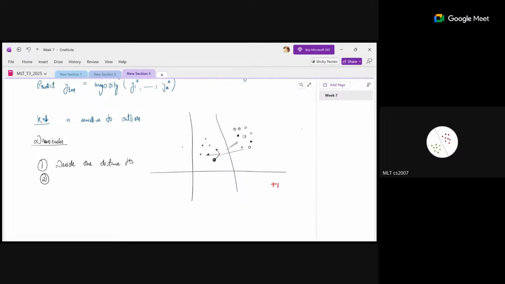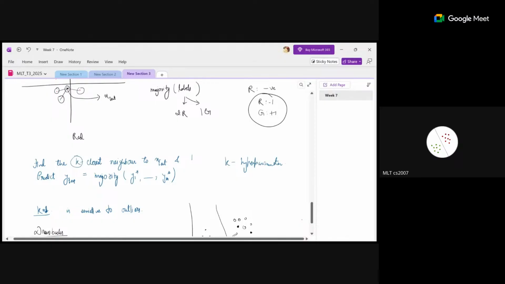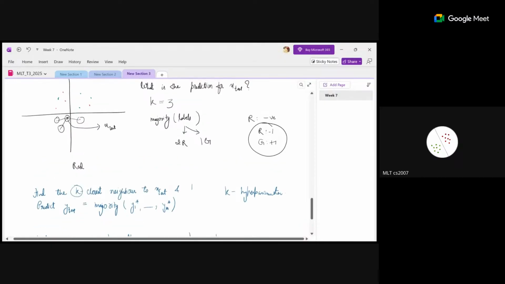Then the second, and I would say the most critical drawback, is that if your data set is small, you can still compute the distance of a data point to all the data points, and then you can look at the 3 closest neighbors. Still okay. But if this data set is large, let's say the data set is 1,000, 5,000, 10,000, then computing the distance of a test data point to each and every data point is not really good, right?